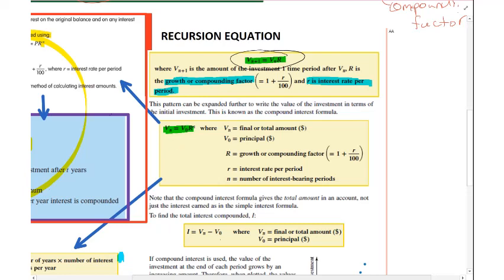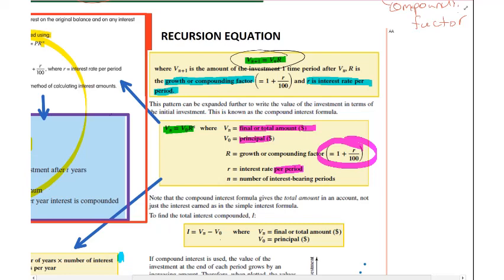So you end up with Vn as your final or total amount, V0 as your principal, and R as your growth or compounding factor, which is your 1 plus r over 100. r is your interest rate per period, and I'm emphasizing the per period part because I'm going to mention why in a moment. And n is the number of interest bearing periods, and again, I'm going to tell you about its relevance in a moment.